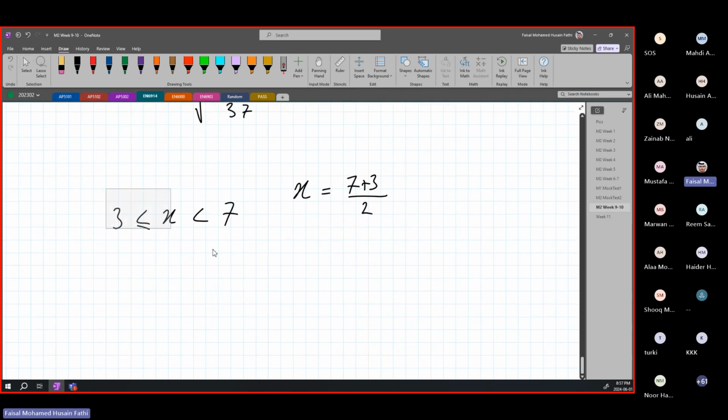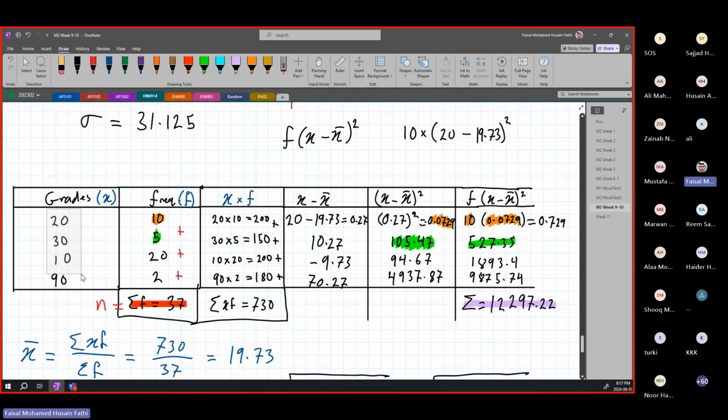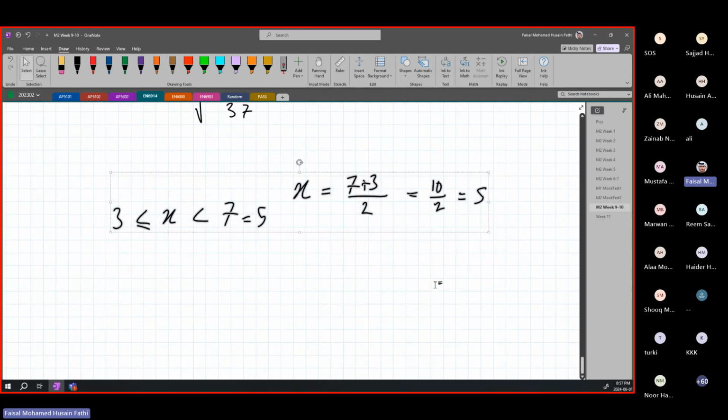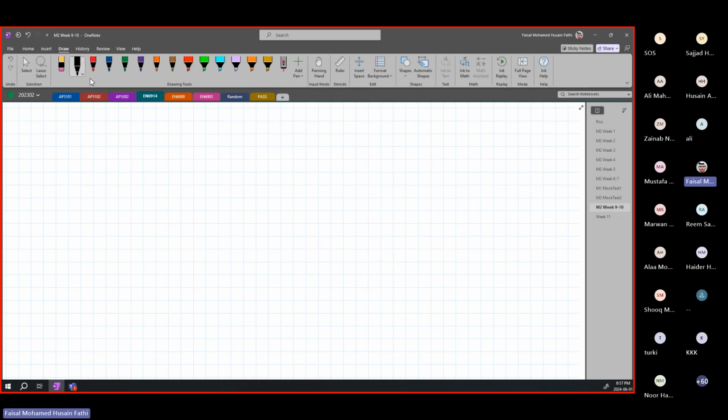So 7 plus 3 over 2, that's 10 over 2, which is 5. So your x value now is 5 for this class, okay? This is the value you're going to be using instead of the class. That's the only difference, okay? After the break, I will talk about it a bit more before we start probability.